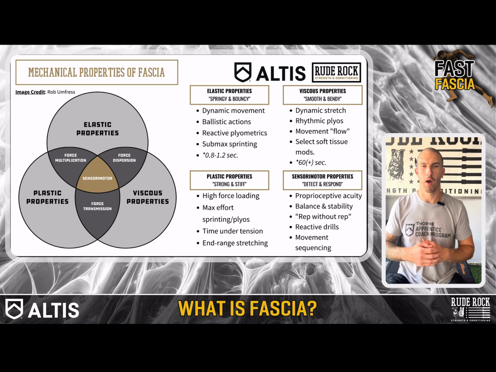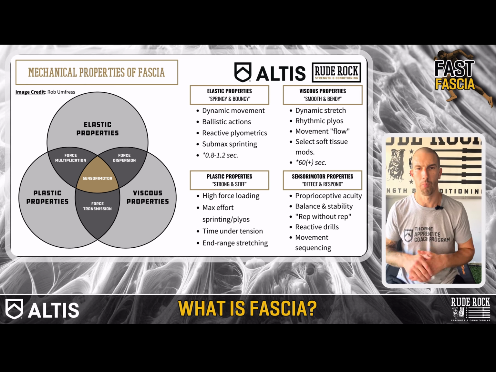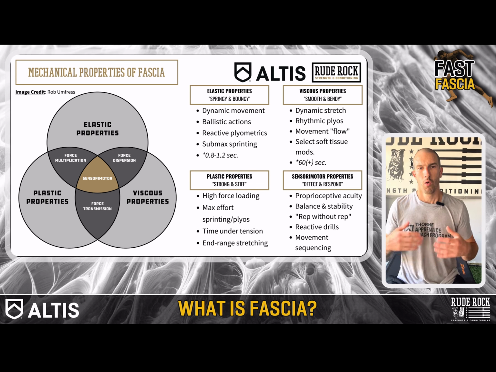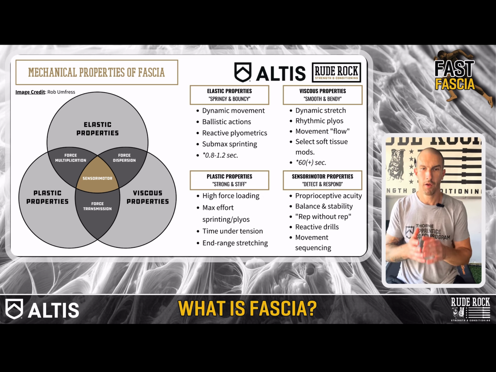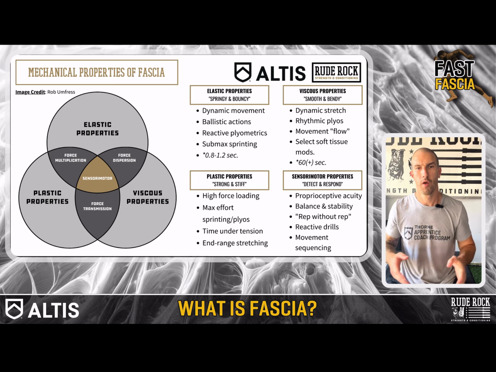Finally, when we're thinking about what is fascia, we want to think about the 4 primary mechanical properties to fascia. These 4 properties are going to include viscosity, or the ability for tissue to glide, elasticity, the ability for the tissue to extend and then return to resting length, plasticity, or the ability for tissue to create stiffness and then be pliable within that stiffness.